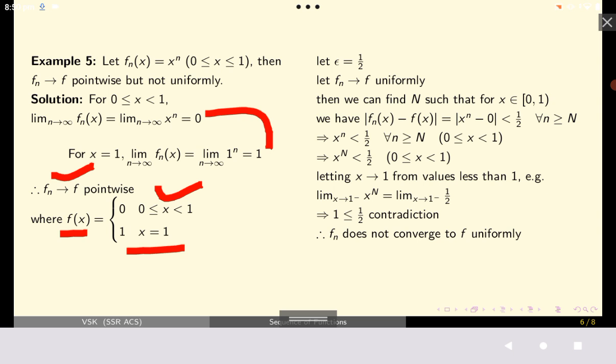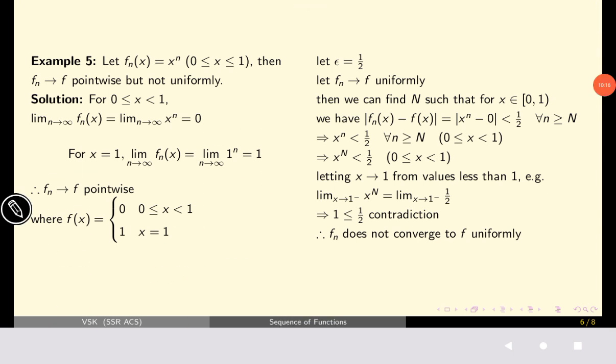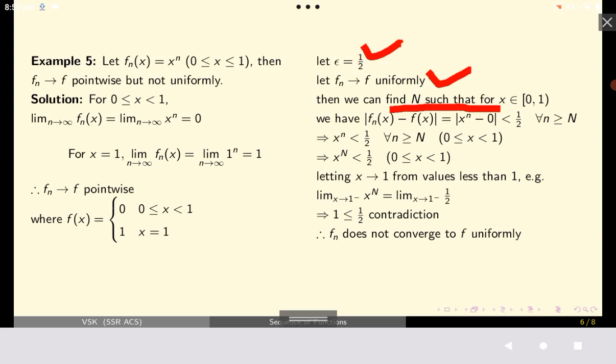Now we'll prove it does not converge uniformly. For that, let us take epsilon equal to 1 by 2. And now let us suppose f_n tends to f uniformly, and we'll get a contradiction if we suppose this. Then by definition we can find an N such that for all x belonging to the interval [0, 1), |f_n(x) minus f(x)|, that is |x^n minus 0|, will be less than 1 by 2.